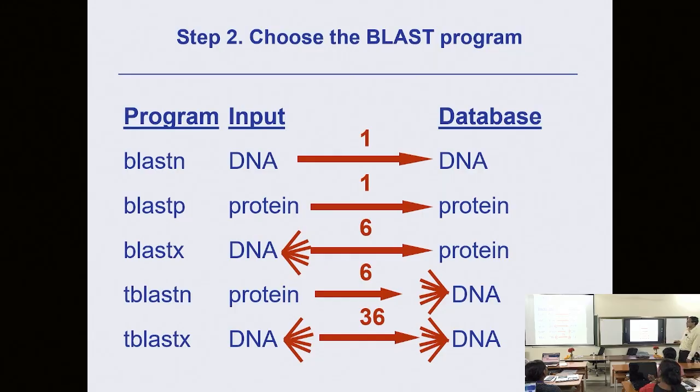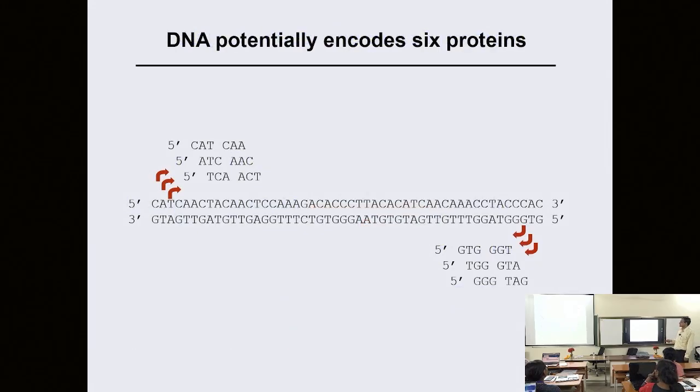Okay, so let's get to the 6 possible protein sequences. So here is a DNA sequence. This is double stranded, so 5' to 3', and you know the complement. So A complements with T, right? If you know one strand, you know what the second strand is. So here it is.